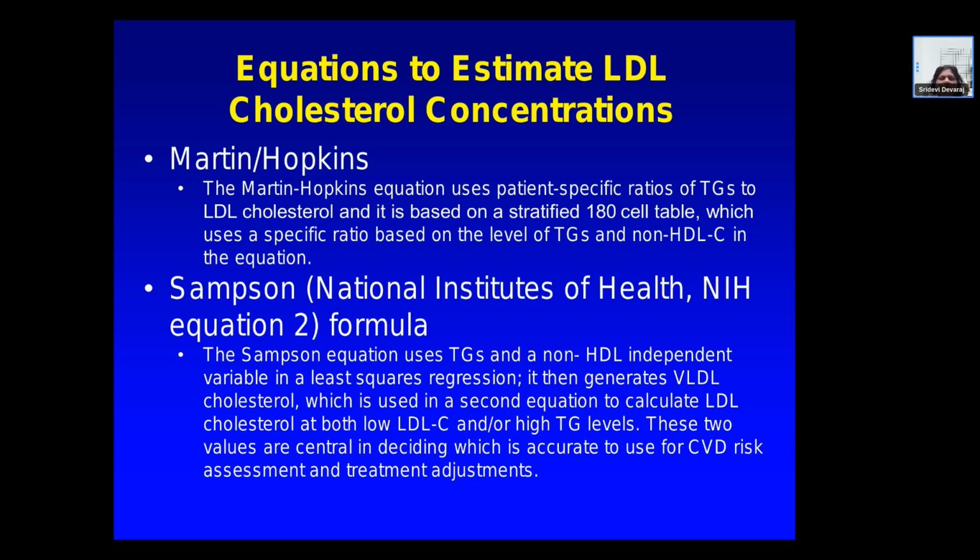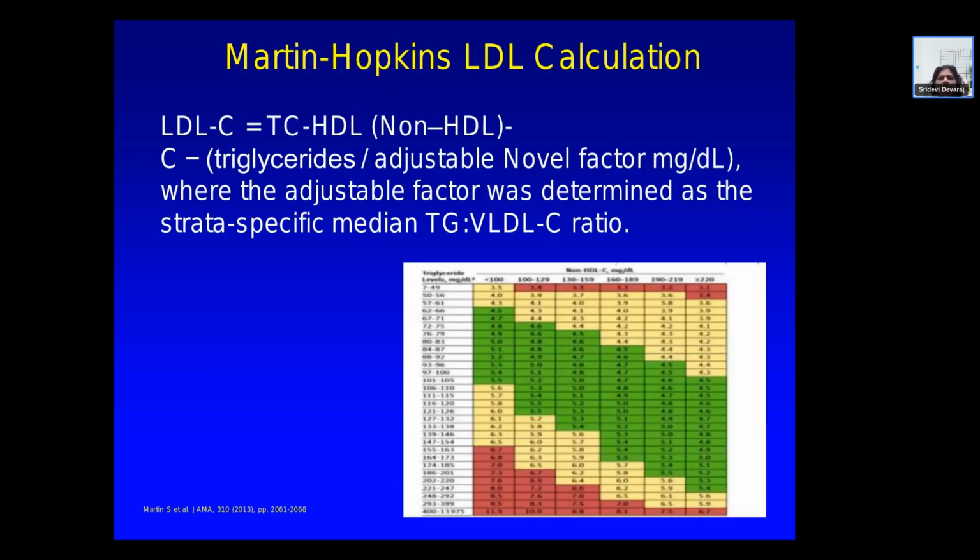You have a 180 cell table where you derive this, and I will show that to you on the next slide. And you also have the Sampson or the NIH equation, which uses TG and non-HDL cholesterol as an independent variable.